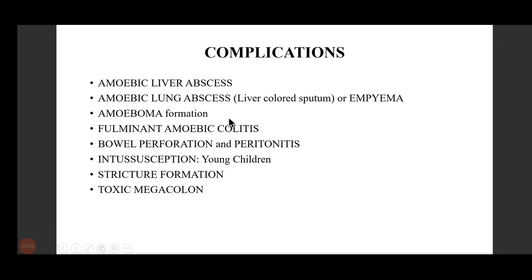These 3 conditions we have discussed in this case. It's a hypothetical situation because all these complications at a time are very rare. It can be there, but not in all cases will you see amoebic liver abscess, and fulminant amoebic colitis also. Okay? And perforation peritonitis.